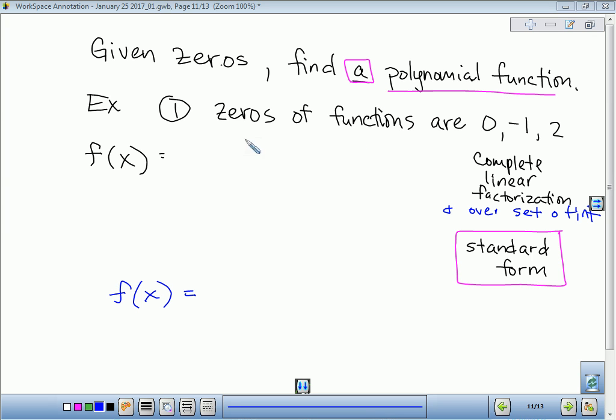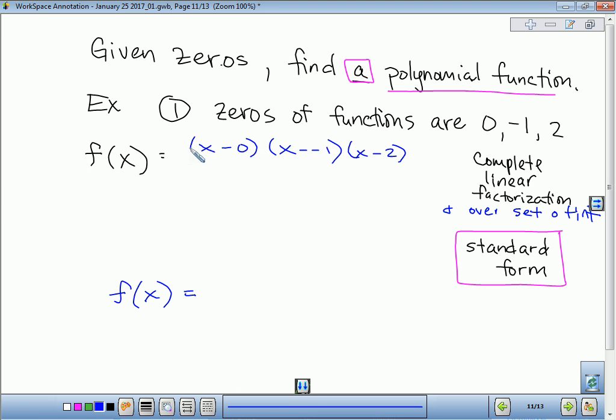All right, so if you're given the zeros of the function are 0, -1, and 2, how would you write the complete linear factorization? Well, we start off doing x minus the zeros, right? So x minus 0, x minus -1, x minus 2.